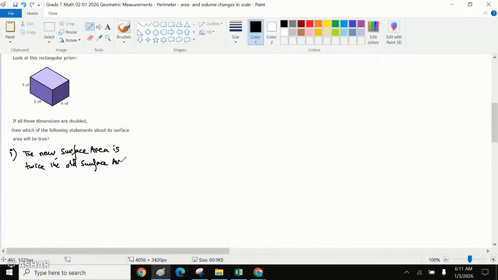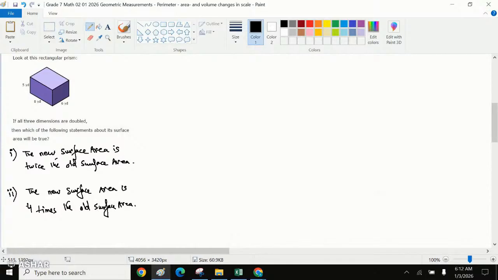Okay, we have one option. Let's look at the next one. The new surface area is 4 times the old surface area.